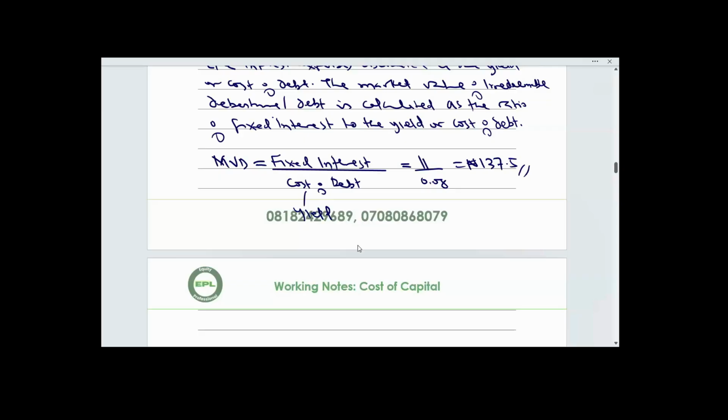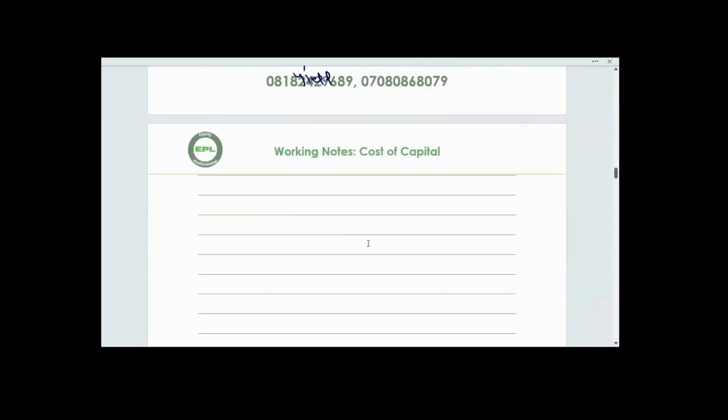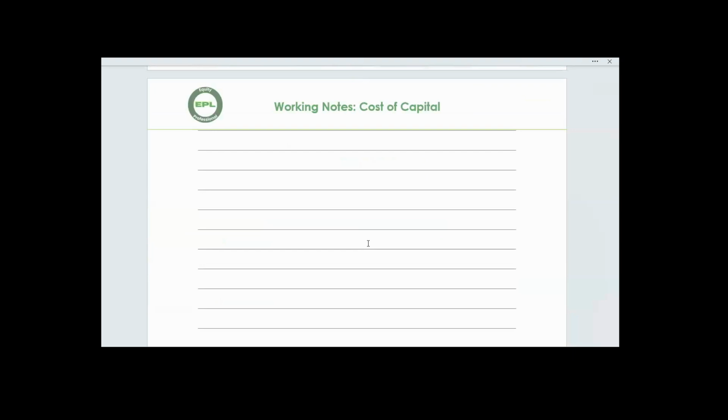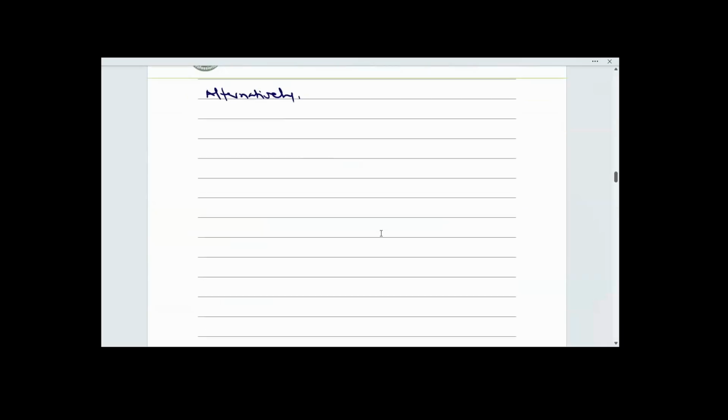If I want to calculate total value of the debt, then this is what you are supposed to do. Alternatively, I want to use absolute value.